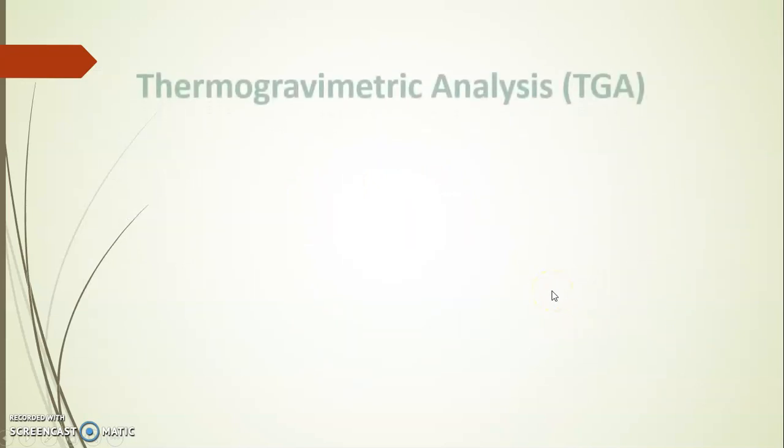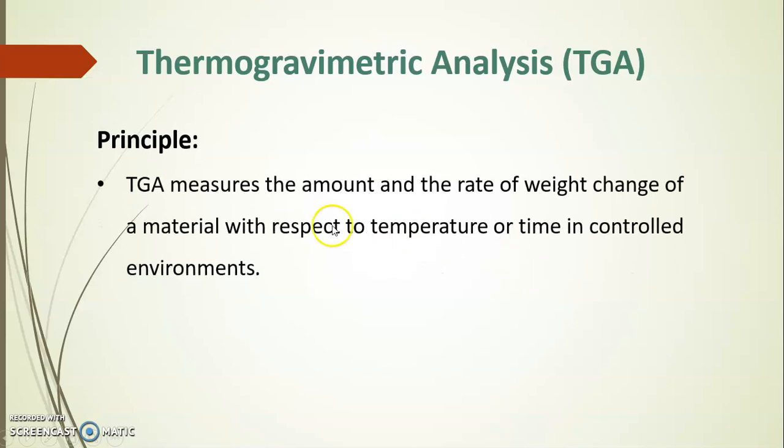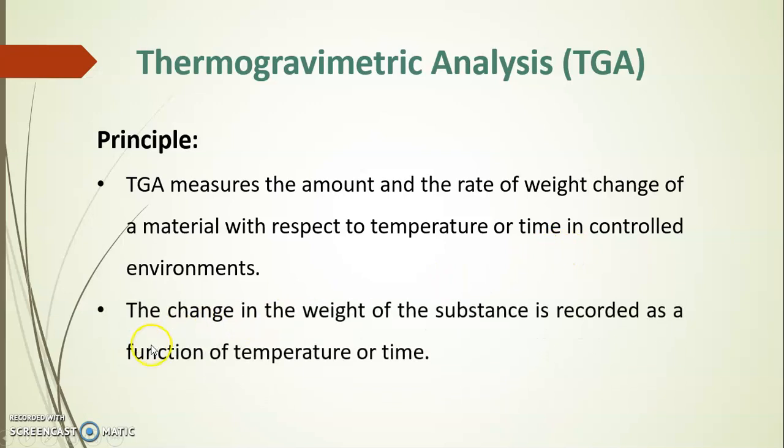Now let us see the first method, thermogravimetric analysis. What is the principle behind this method? TGA measures the amount and the rate of weight change of a material with respect to temperature or time in a controlled environment. The change in the weight of the substance is recorded as a function of temperature or time.